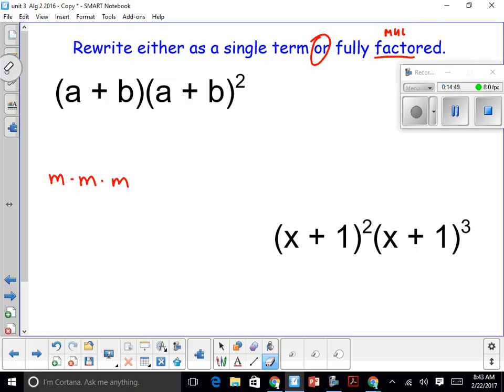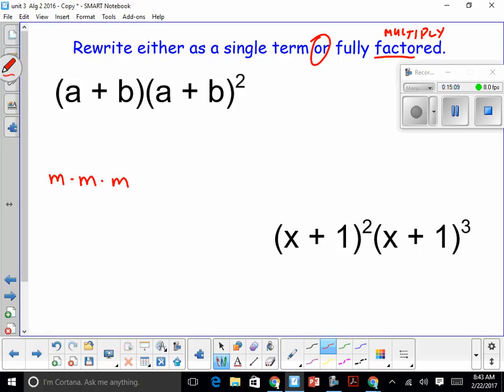I'm trying to give us a vocabulary, because otherwise it's hard to say, I don't even know what you're talking about. Please factor it. Please write it as a multiplication problem. Whenever they say please factor something, that's what they're saying.